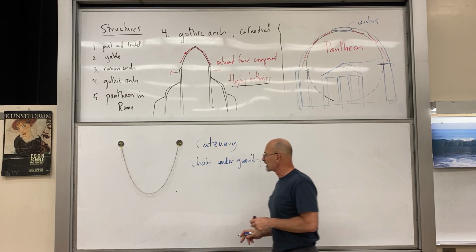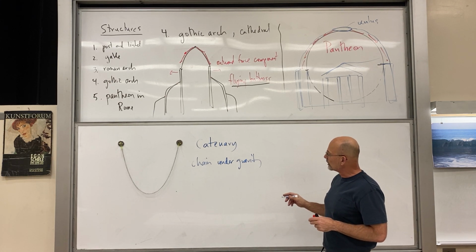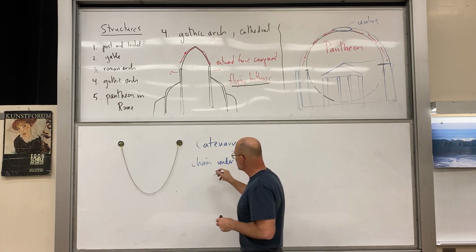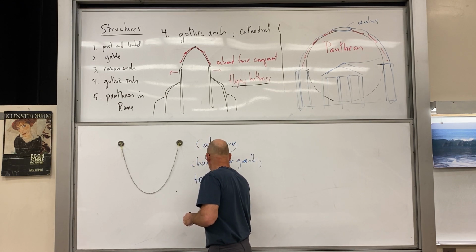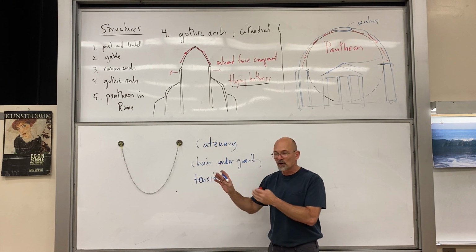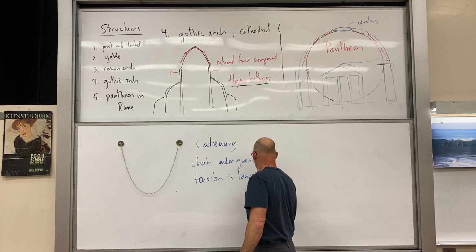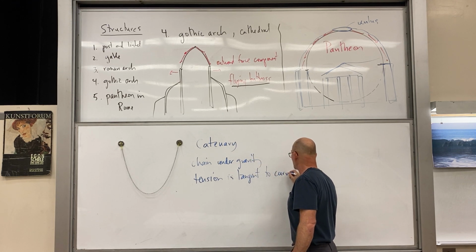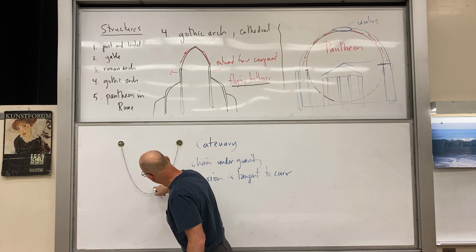And this is something that can be analyzed, really sophisticated stuff, but we just are going to be clear that the tension is always in the direction tangent to that curve. Tension is tangent to the curve. So you could never draw one as beautiful as what nature has here.